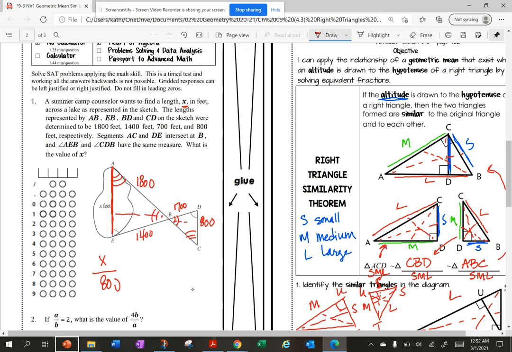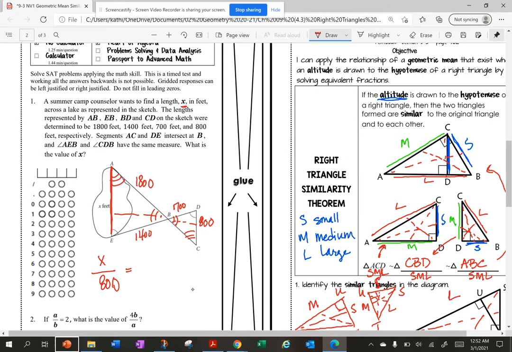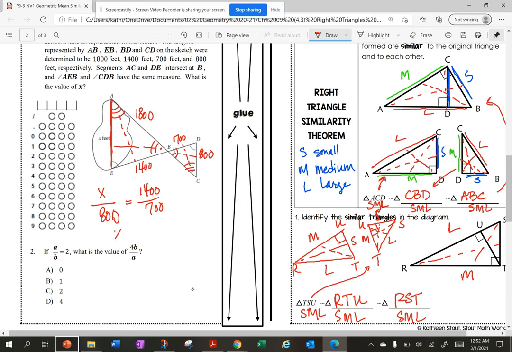So I'm doing the vertical angle over the vertical angle equals, and then I'm going to set up something known. I know across from the triple arc marks is across from the triple arc marks. So 1400 over 700. So I know x equals, and this is a no calculator problem, so I divide by 100, and those will go away.